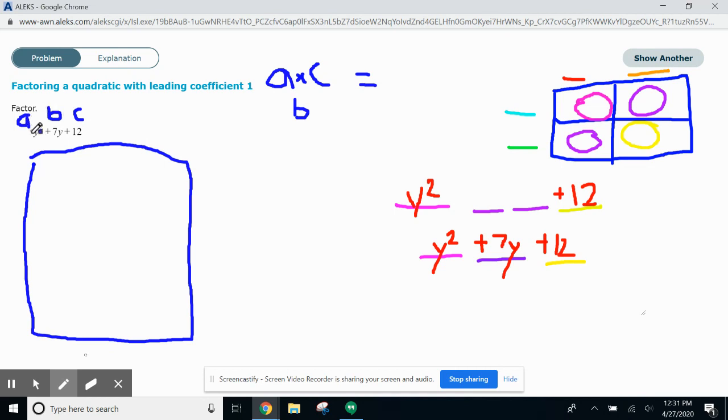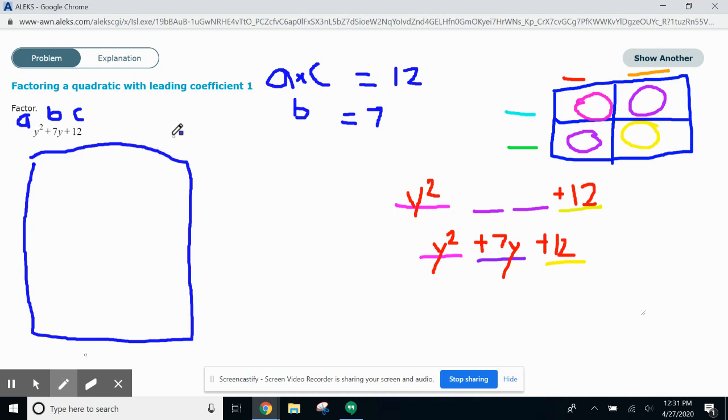On this one, A is just a 1, so A times C is 12, and B is 7.